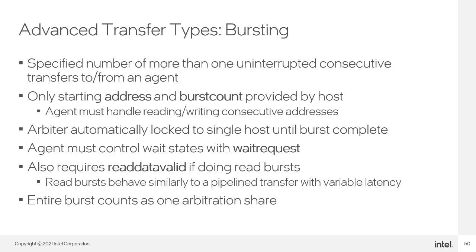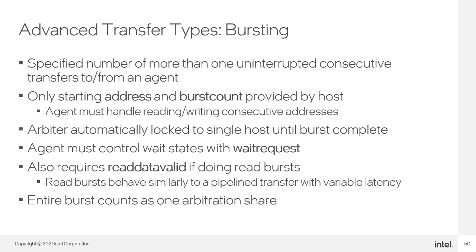To perform a burst transfer, the host specifies only the starting address to access for the burst and the number of transfers to perform using an additional signal named burst count. When a bursting transfer is granted, the arbitration logic in the system interconnect locks the host to the addressed agent until the number of transfers specified for the burst is complete.